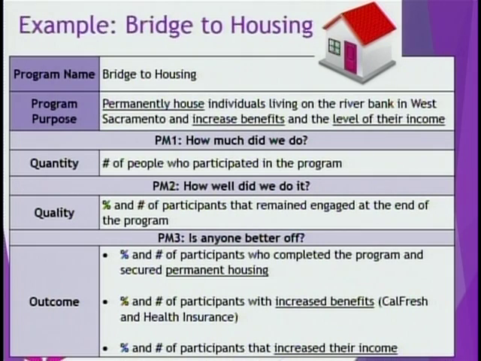And then after that, they also provide a quantity and a quality measure. Their quantity measure looks at the number of people who participated in the program, so a number there. And the quality is going to be looking at how well they did. So the measure they've picked is the percent and the number of participants that remained engaged at the end of the program. So this is looking how well they were doing in keeping individuals engaged in that program.